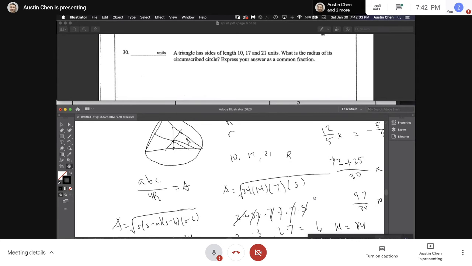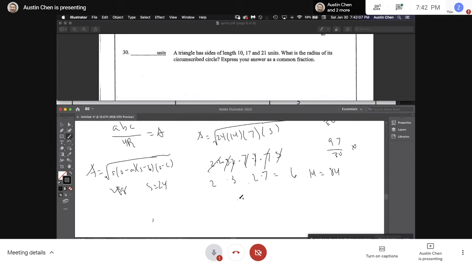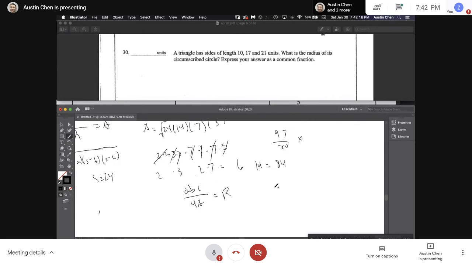Okay, so our area is just 84, right? So then we have ABC over 4A is equal to R. So 10 times 17 times 21 over 4 times 84 is equal to the circumradius.